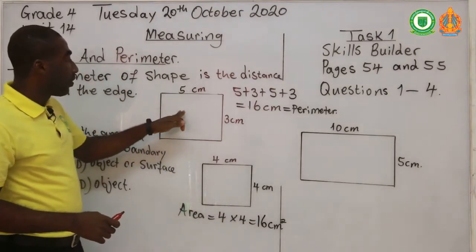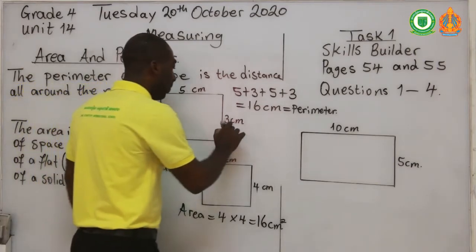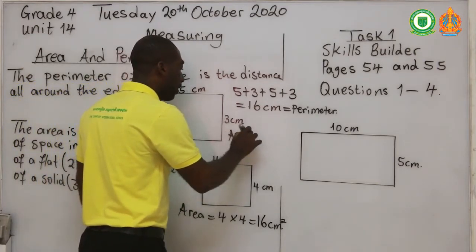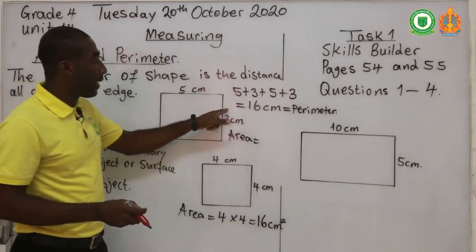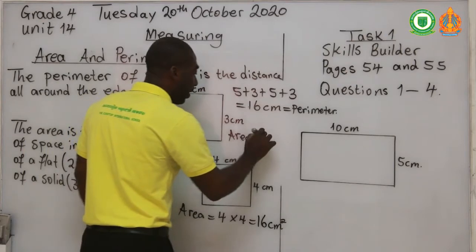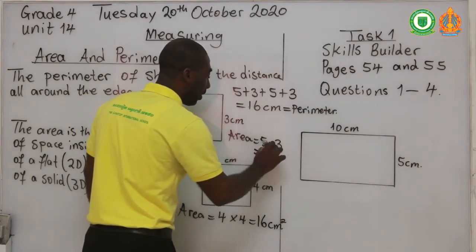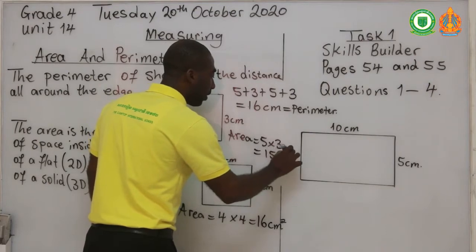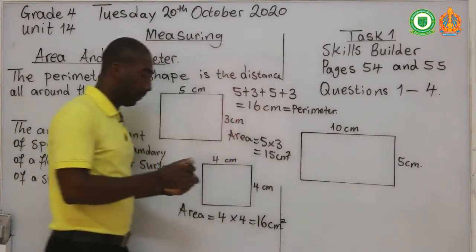Again, if we also want to find the area of this one, we write area. We need to multiply that side by that side. So that will be 5 times 3, and that will be equal to 15 centimeters square.